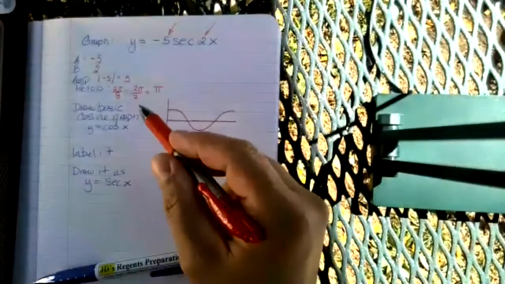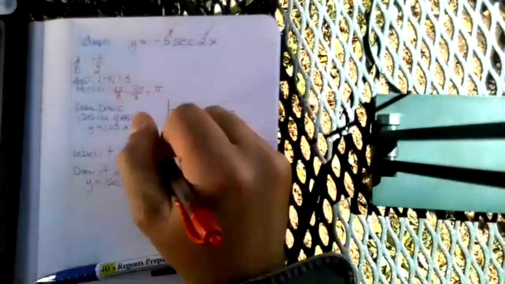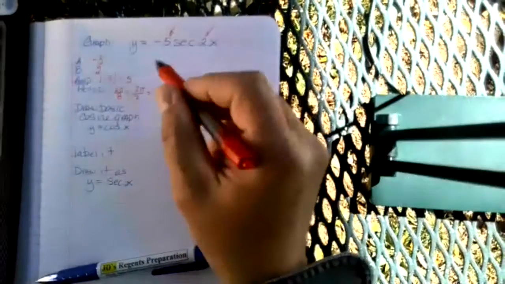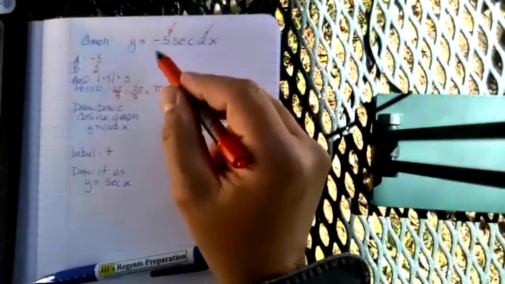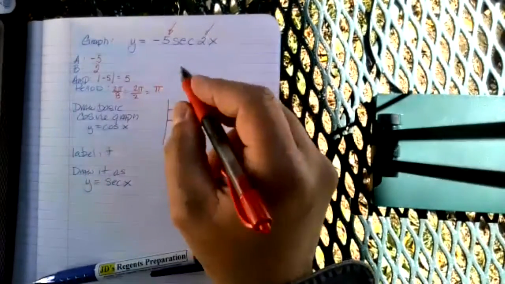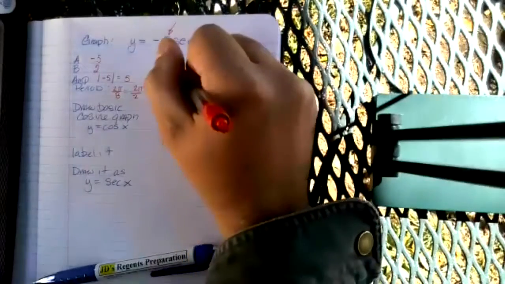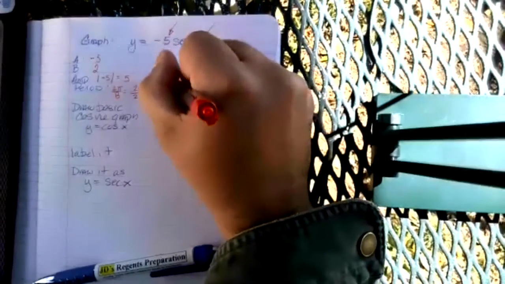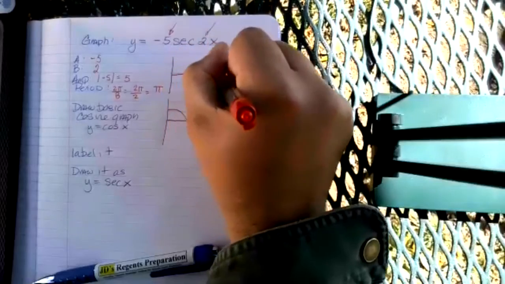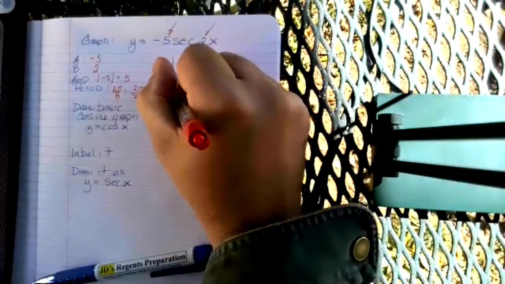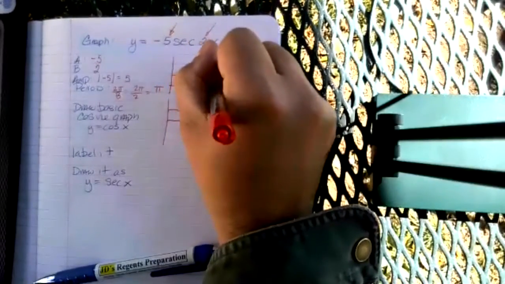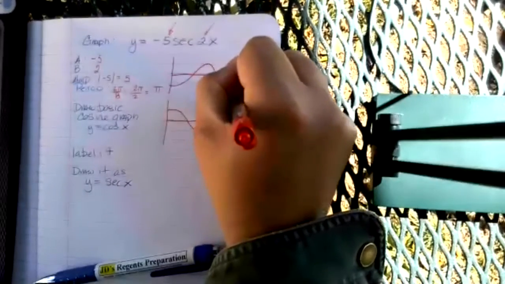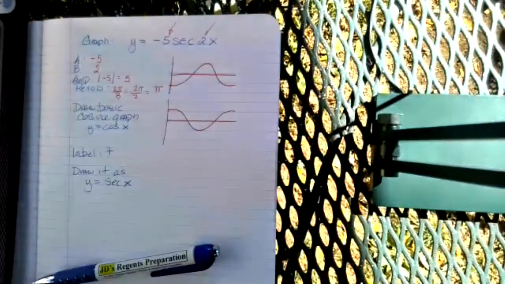I'm going to label it with the information I have here. I messed up, right? It's the negation of the function. This is where I always mess up. And it shouldn't look like that. It should look like this. All right, it has to reflect about the x-axis, so it's going to look like that.